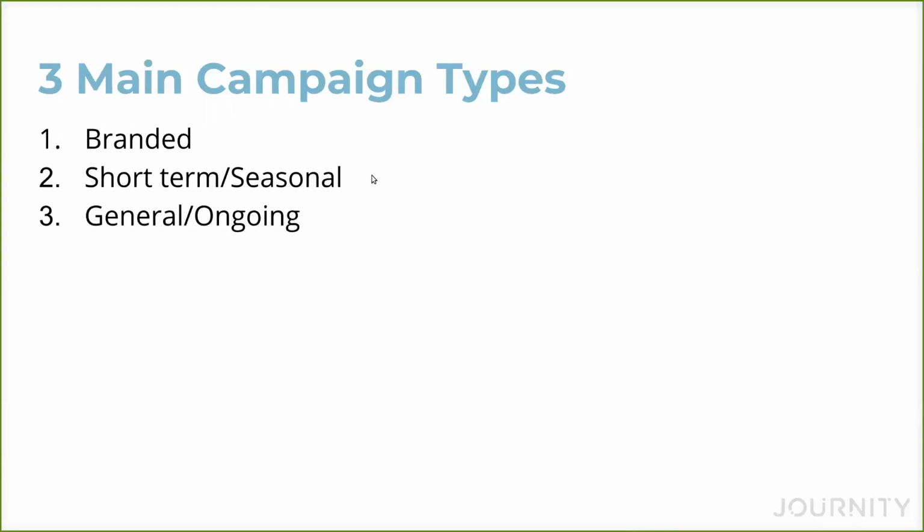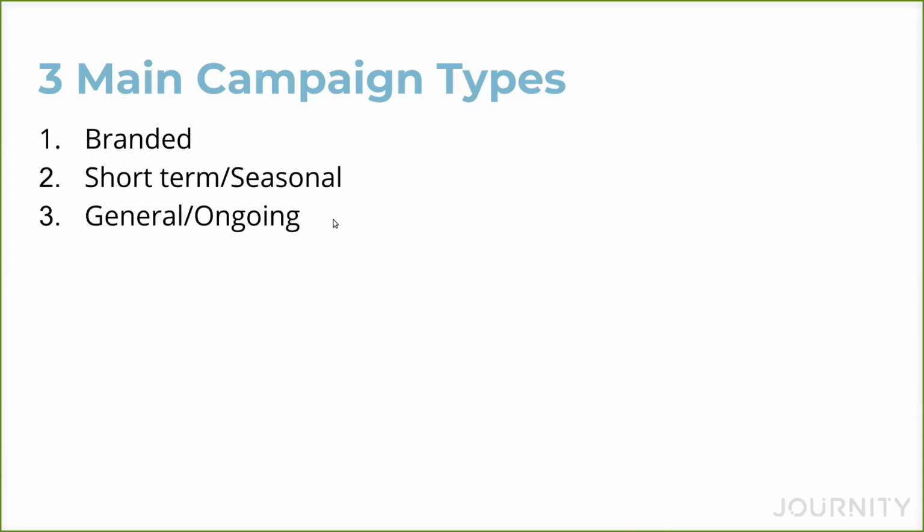The next one will be really short-term or seasonal campaigns, and those would match if you have an Easter campaign coming up, or if you have a fundraising drive for fiscal year end. We just passed also calendar year end, Giving Tuesday, Christmas. Any types of short-term campaigns that you have running, you should also create an ad campaign for those.